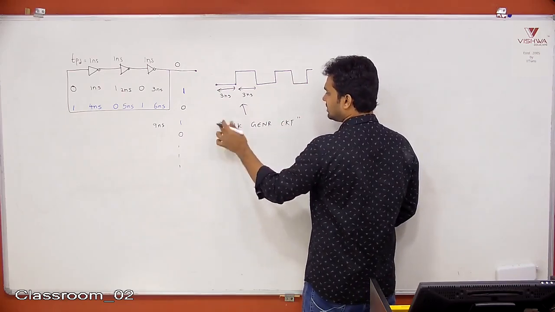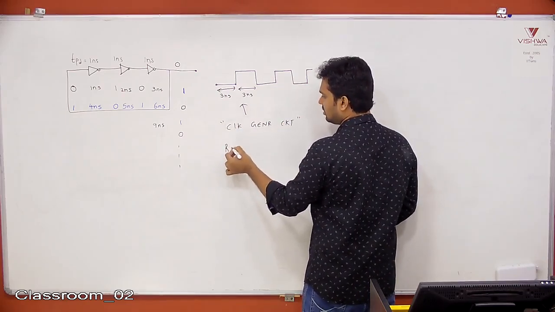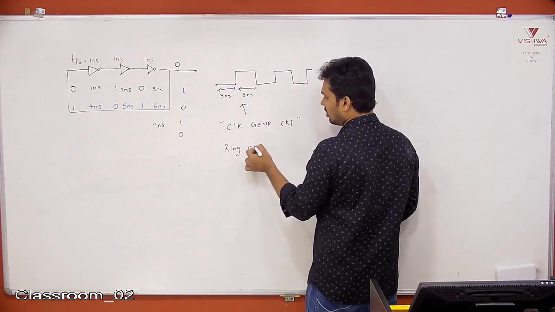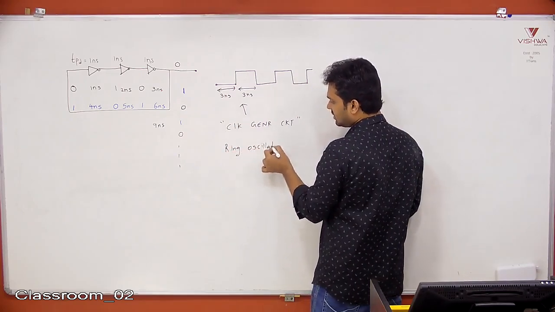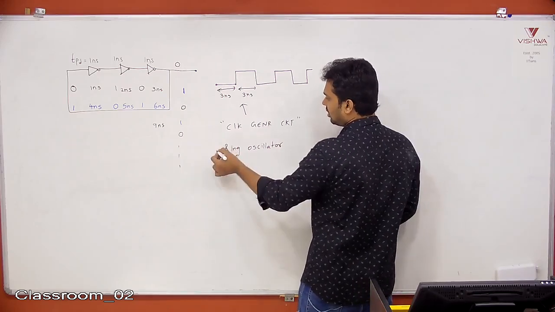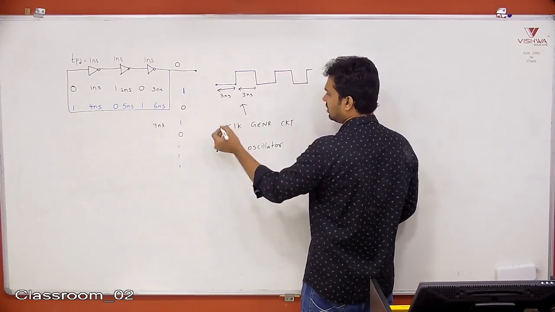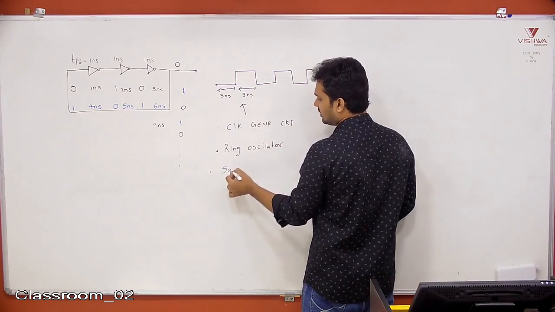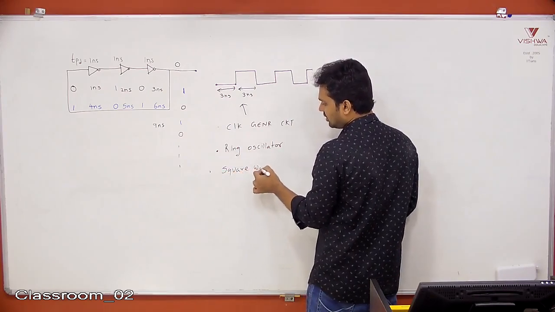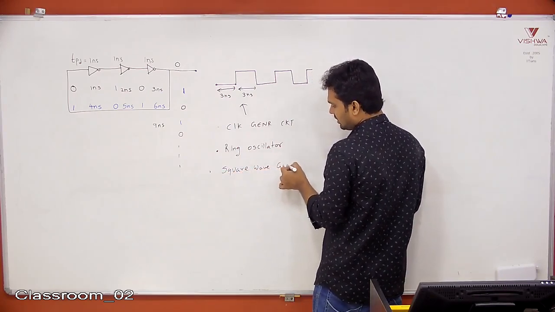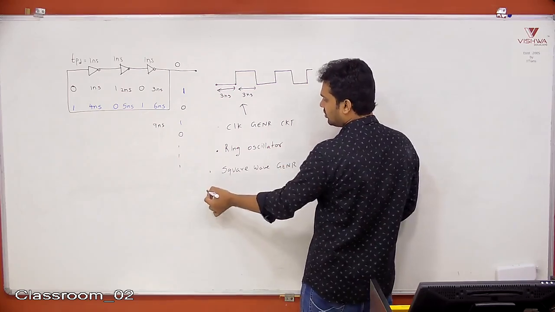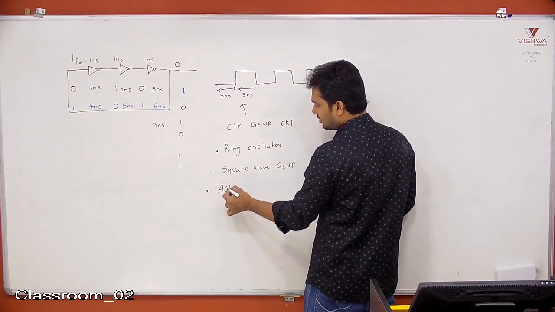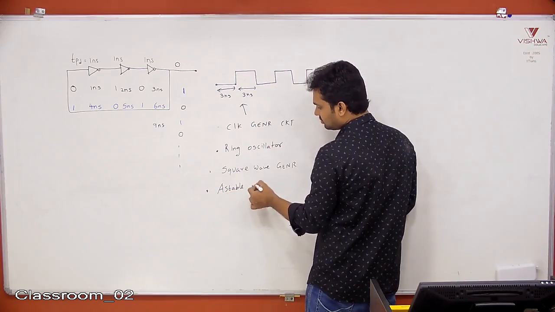Another name for this is ring oscillator. It is also called a square wave generator. Another very important name is astable multi-vibrator.